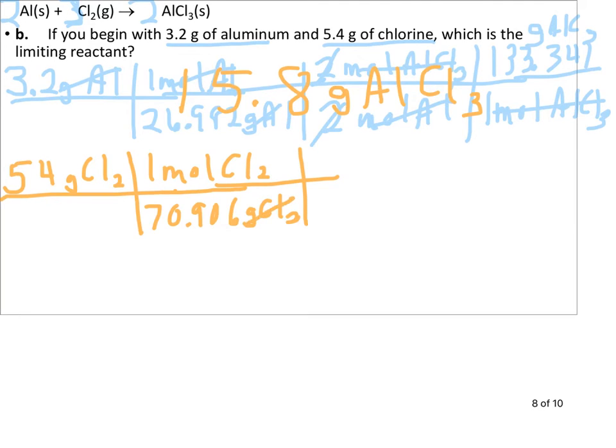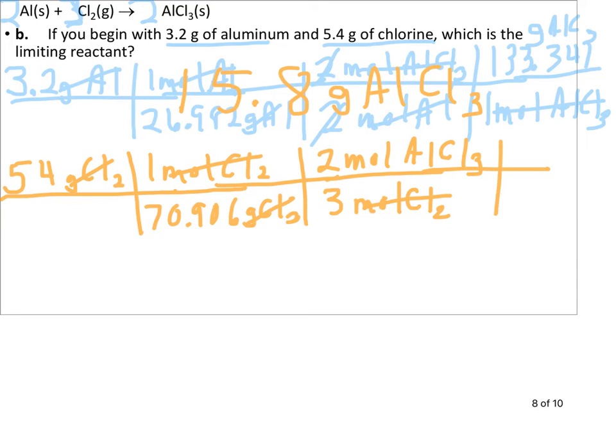And the grams divide out to grams in our mole ratio from our chemical equation. Every 3 moles of Cl2, we get 2 moles AlCl3. Then the moles cancel the moles.